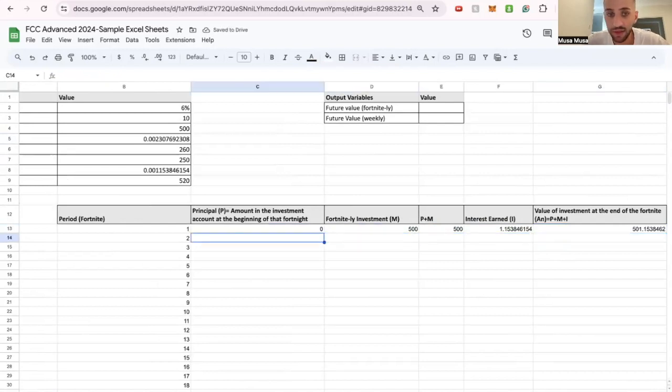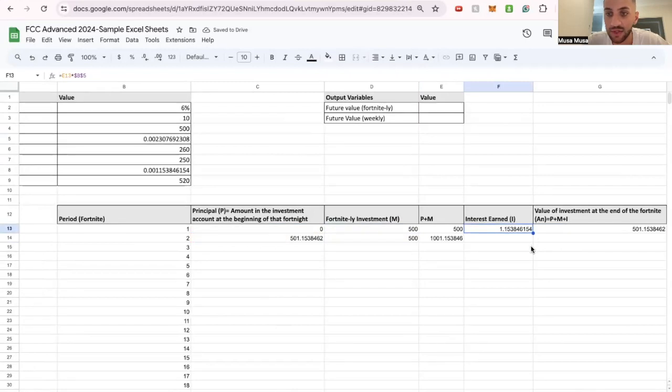In the next fortnight, how much do I have at the beginning of that fortnight? Well, I have this amount. And then again, my fortnightly investment is 500. So I'm just going to drag this one down. Again, this is going to be that number plus that number. The interest earned is also going to be this, drag down.